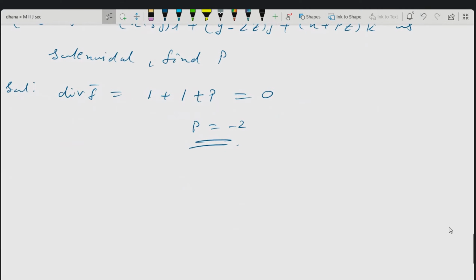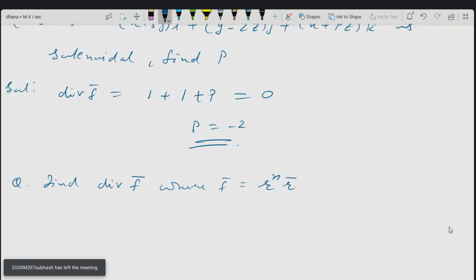Yes, ma'am. So write down a problem here and do it yourself later. Find divergence of f bar where f bar is r to the power n into r bar. You understand that? What is r bar here? What do you mean by r bar? R bar is xi cap plus yj cap plus zk cap.